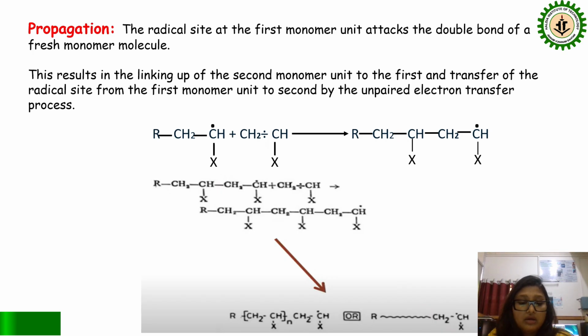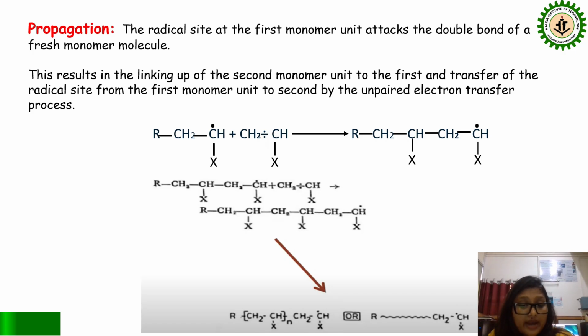Now coming to propagation, where the structural units start linking to the polymer chain. The radical site at the first molecular unit attacks the double bond of a fresh molecule, and this results in linking and transfer of the radical site, which eventually results in chain formation.